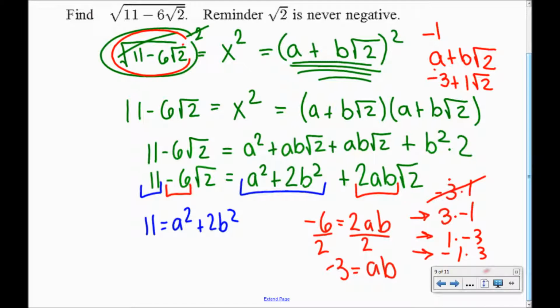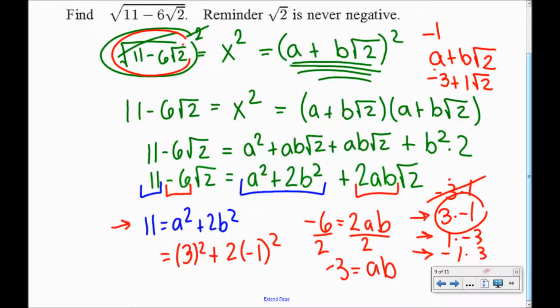Okay, now we've got this other equation over here, and we just have to plug them in and see what's going to work, what's going to give us 11. So if we do 3 squared plus 2 times negative 1 squared, that's this first combination. Do we get 11? Well, we've got 9.